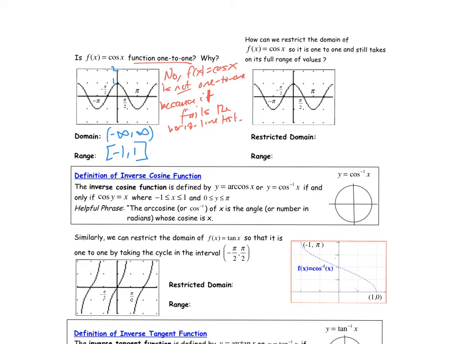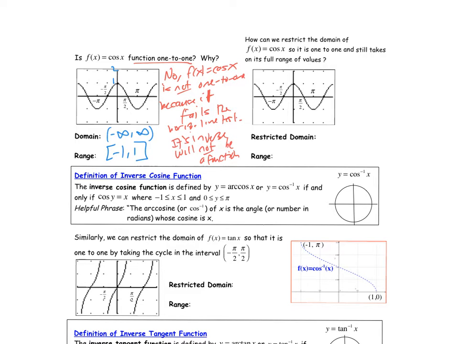Okay, so this is not 1 to 1. Since it's not 1 to 1, its inverse will not be a function, right? So carrying on, just like we did with sine inverse of x, we want to restrict the domain of the function so that its inverse will be a function.